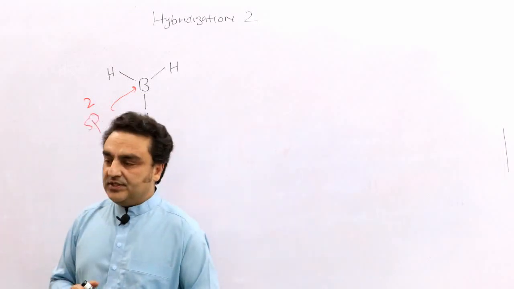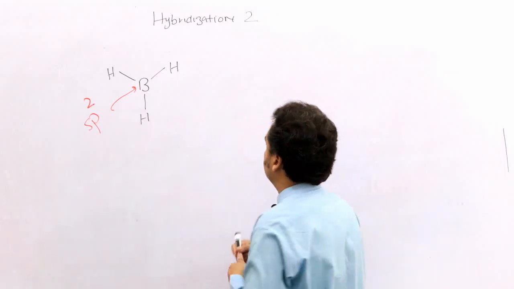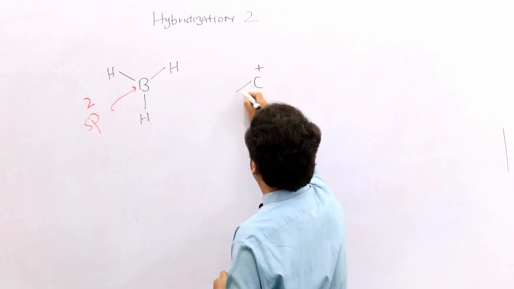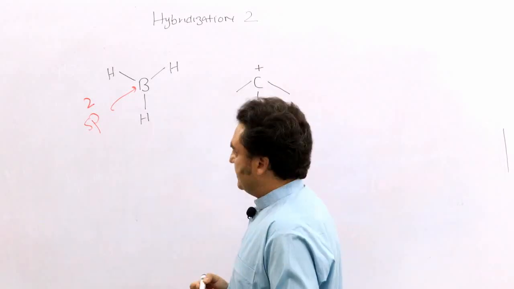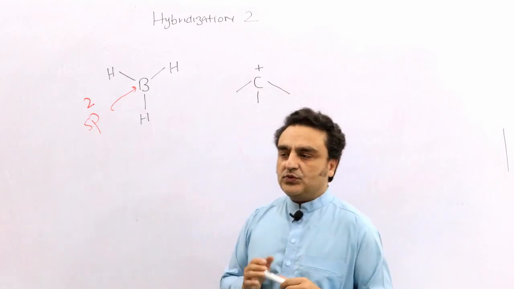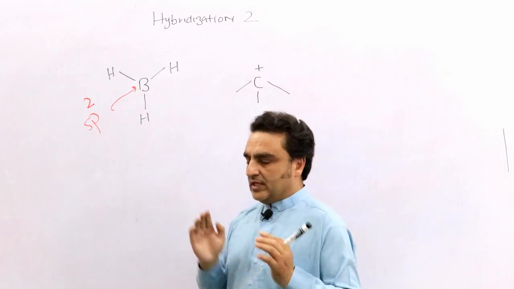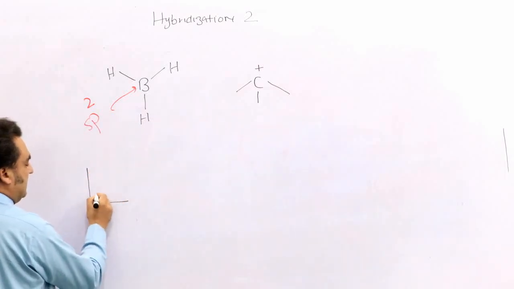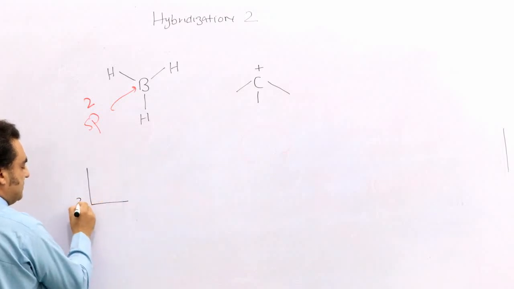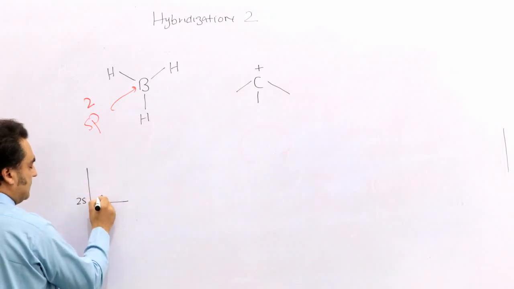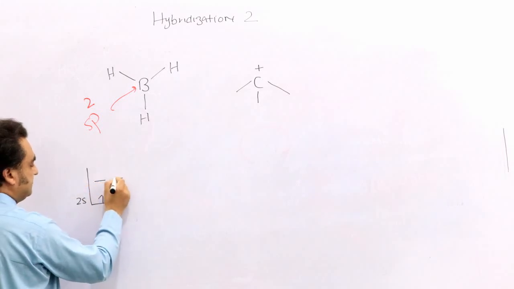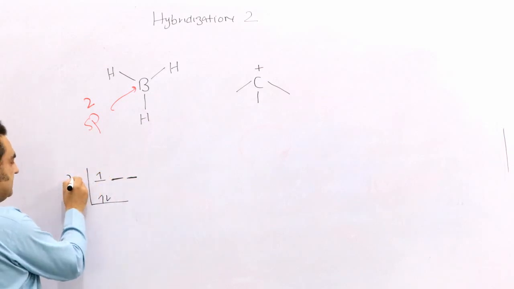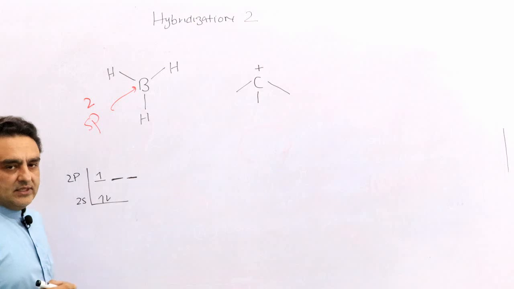Now again I have given another example, which was this one, C plus, and again 3 bonds. When you see the structure of boron, what happens? When you go to the excited state, in the 2s orbital of boron there are 2 electrons, and in the 2p it has 1, and 1 electron quickly excites.